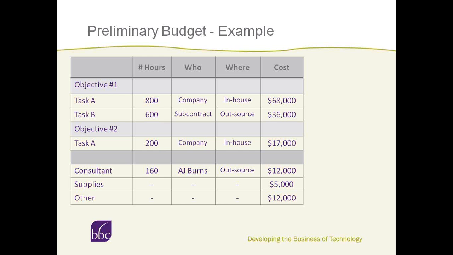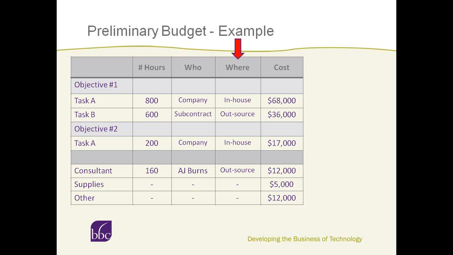So we've estimated some hours. We've also decided that we're going to need a consultant, and that consultant is going to have to spend about 160 hours on the project. Okay. We've also decided who is going to do the task. Sometimes it's going to be the company, sometimes a subcontractor or our consultant, and then where they're going to do it, right?